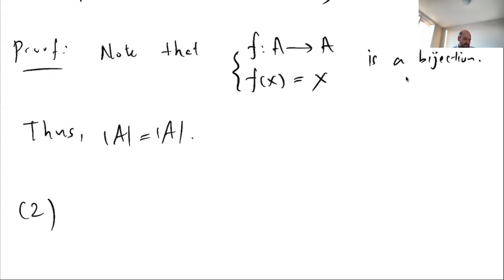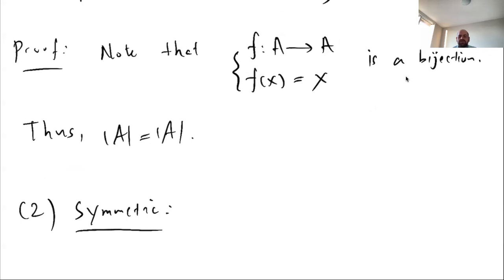Now, the second property is called the symmetric property. Again, we will define symmetric relations formally later, but for now, you can probably guess what it means.